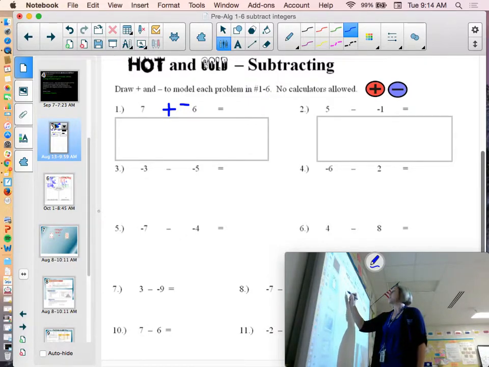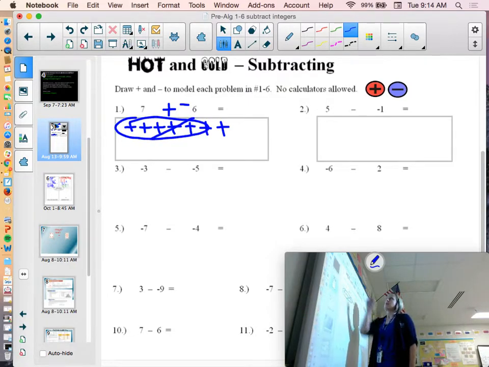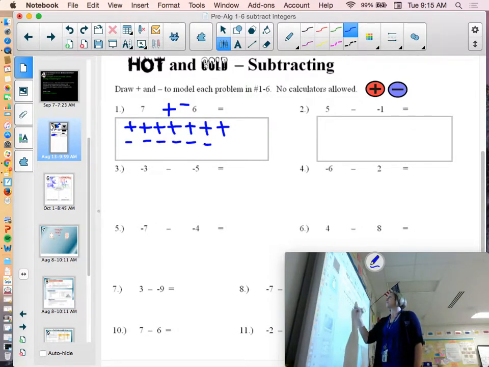So if I have 7 positives, and actually some of you have done it a little different way in your classes, so I'm going to do it the way that you've learned in your classes, where you do it across. So 1, 2, 3, 4, 5, 6, 7. And if I subtract 6, you could just take away these 6 and cross it out. But another way to do this is to add 6 negatives. 1, 2, 3, 4, 5, 6.